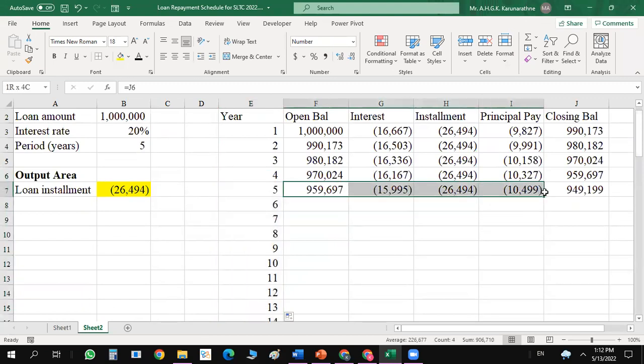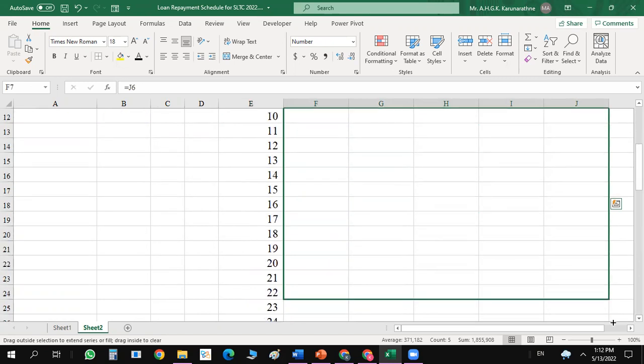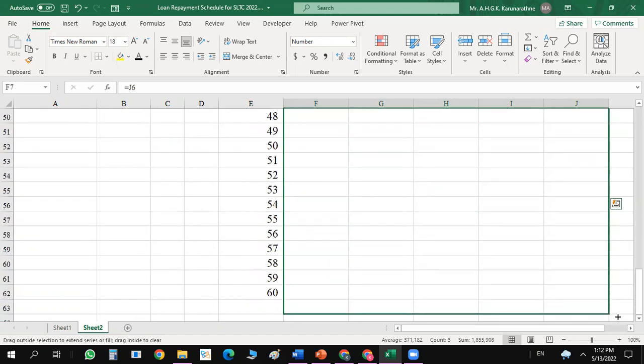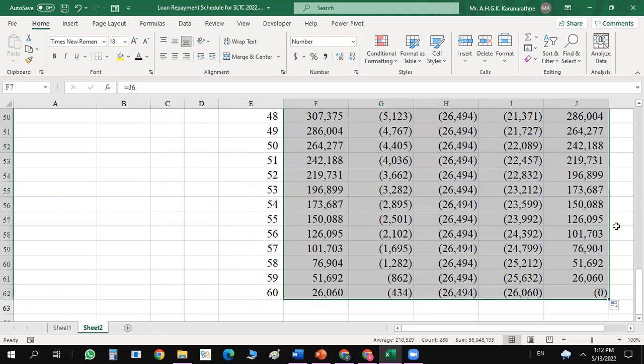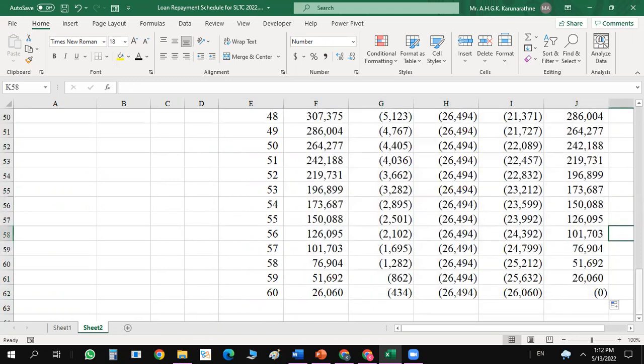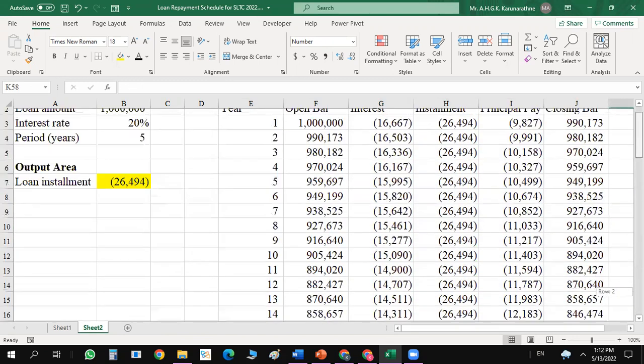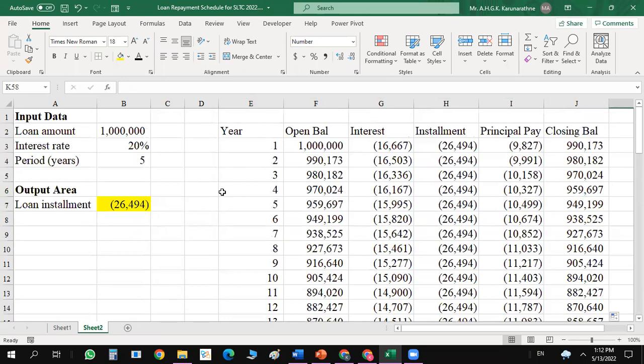It seems it's correct because the figures are reliable. Let's check whether it will become 0 at the end of period 60. Yes, it's 0. If you want to prepare a loan amortization schedule, it is very, very convenient to go ahead with this Excel inbuilt formula.